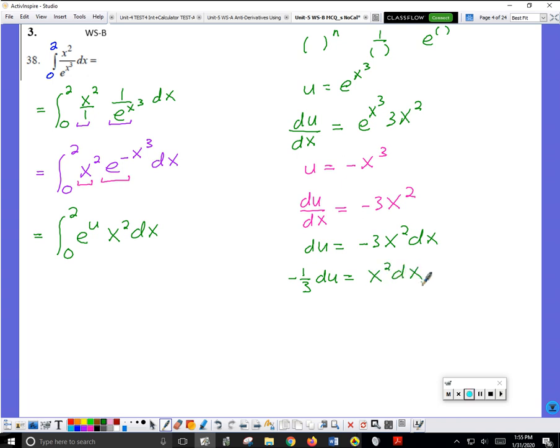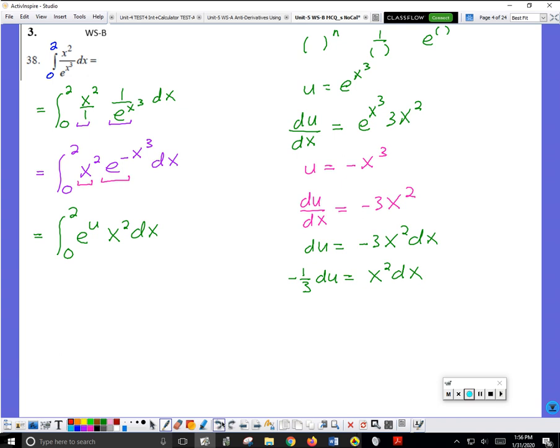How many knew that? 2 points, 3 for each. Do we want to talk about it? That's just algebra. I multiply both sides by dx. I multiply both sides by -1/3. But the thing to notice is the equal sign. Equal means the same.